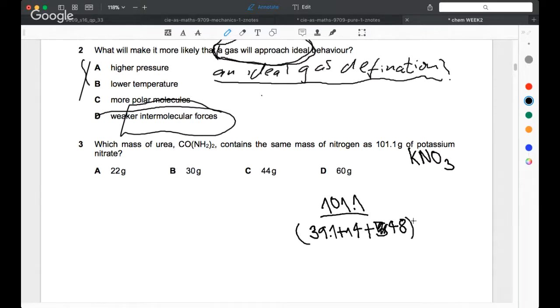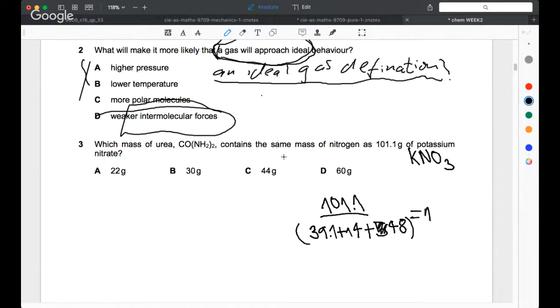So this is the number of moles. Do we have to calculate it? No, that's fine. And then what is the amount of the urea? How much urea? So this is the number of moles of the potassium nitrate.